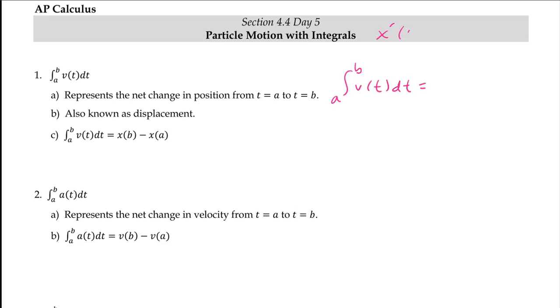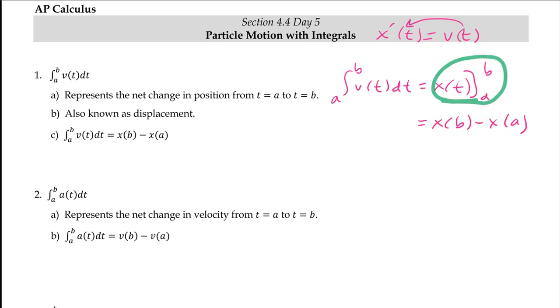So if we took the derivative of position, we get velocity. Now we're going backwards. So if I integrate velocity, I'm going to get position. And because it's a definite integral, it goes from a to b. Then we can say x of b minus x of a, and that's how we get all this stuff on the left. So if you just think about what you're doing, integrating velocity to get position, it's the net change in position.